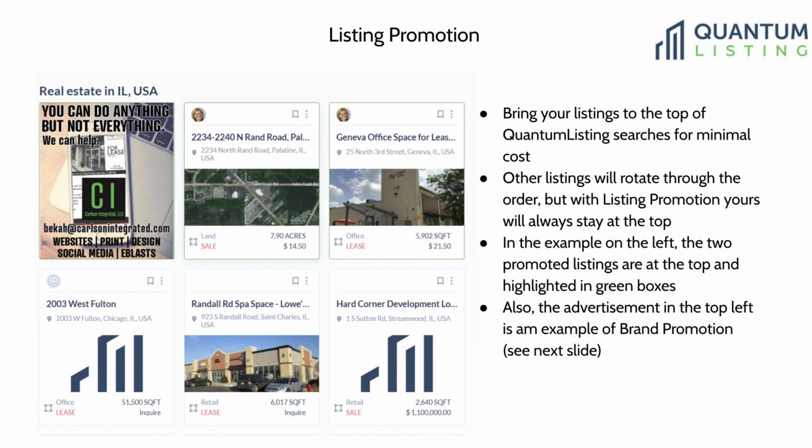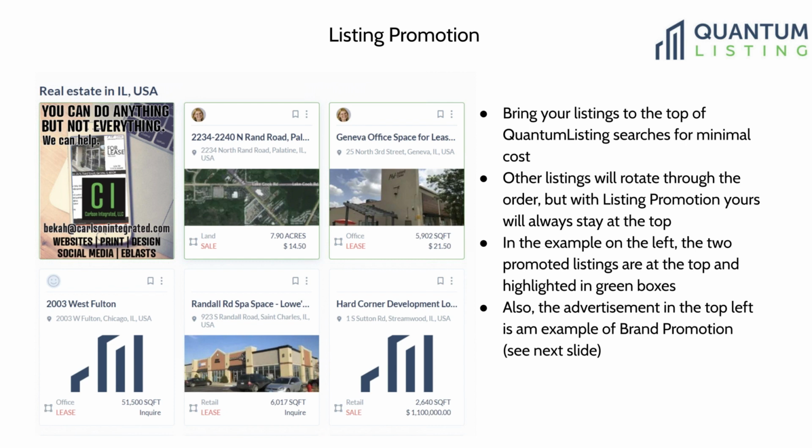If there isn't a brand promotion message in your particular market, we show one of our own promotional messages there to the left. But you can happily displace us there and have your message too. And I think that when you have brand promotion and listing promotion side by side, it's kind of a powerful 1-2 punch. You get to take over that top row.